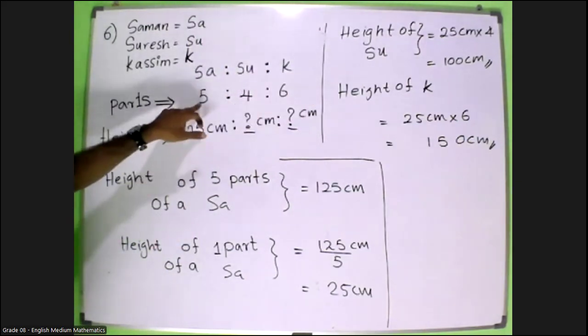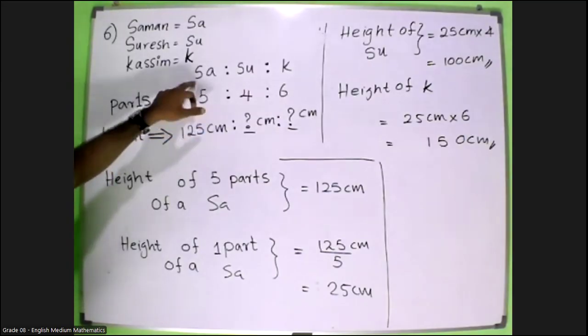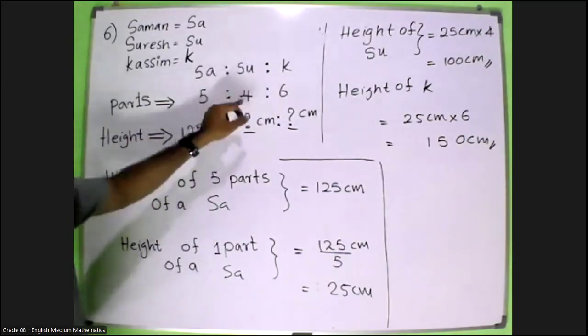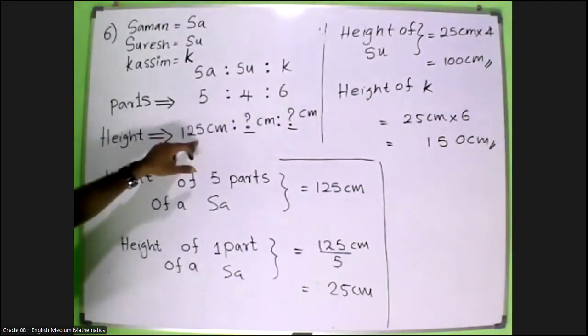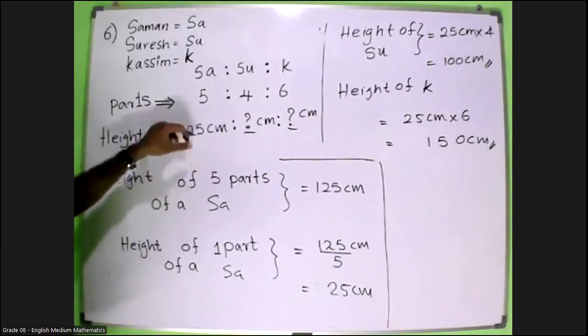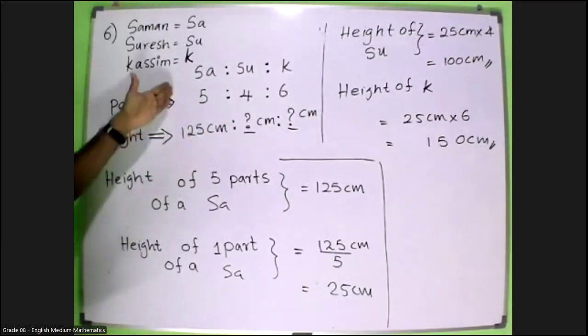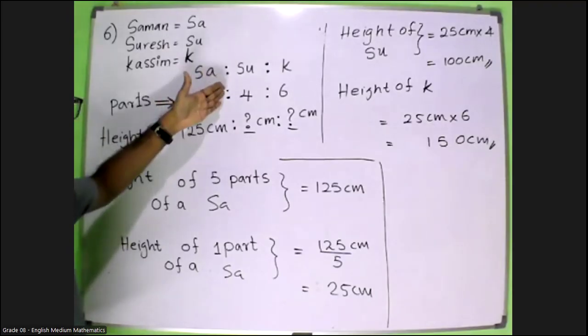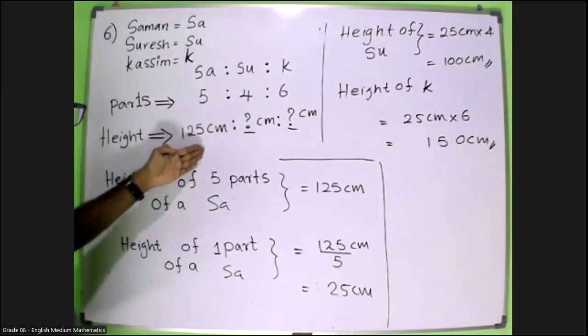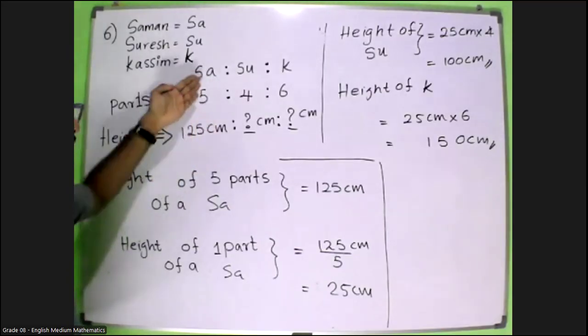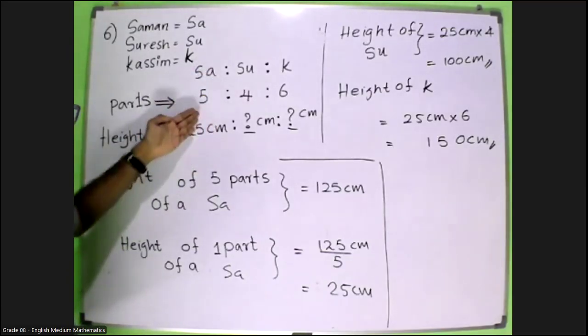So I have written down the ratios of Saman, Suresh, Kasim: 5 to 4 to 6. And the height of Saman has been given as 125 centimeters. So all the details for Saman are available. So we have to solve the question from here. We have to begin the question from here.